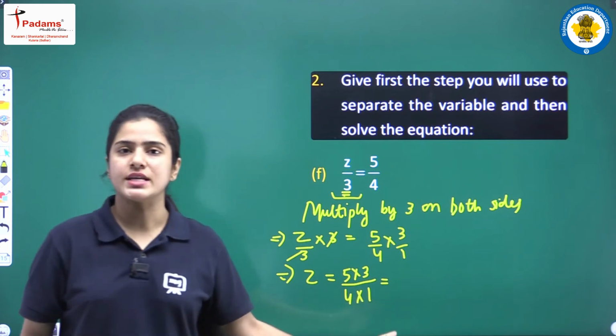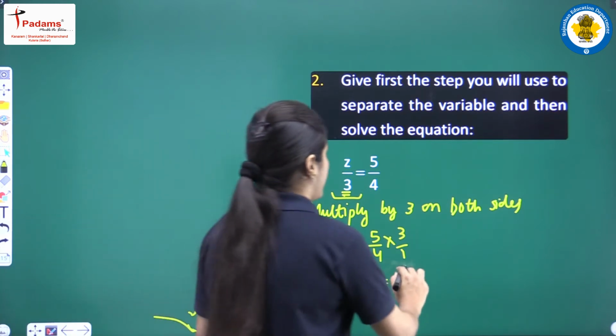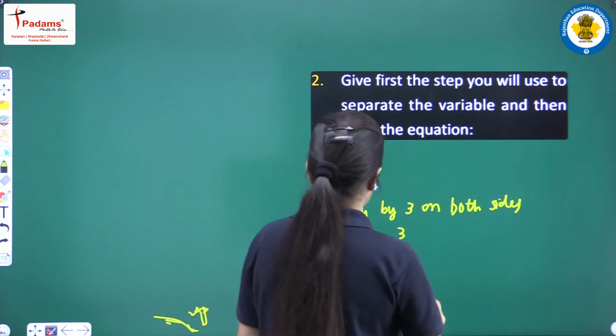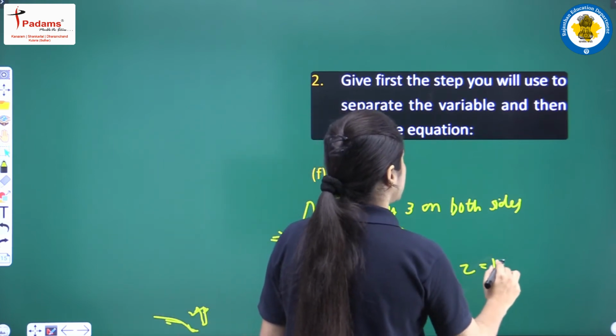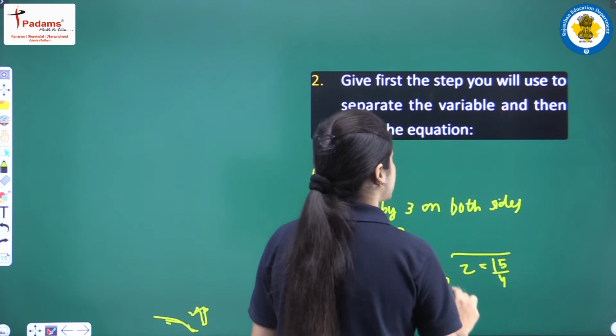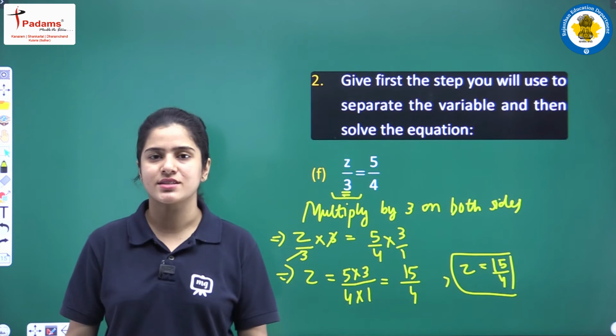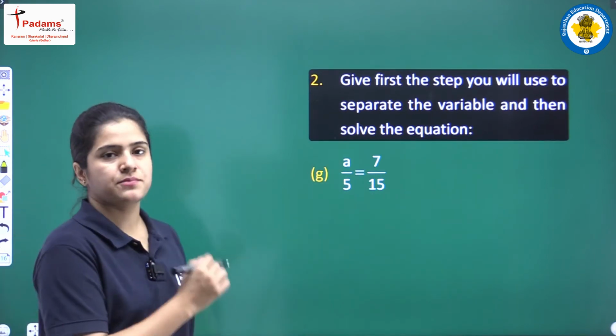So 5 into 3 is equals to 15 and 4 into 1 is equals to 4. So Z will turn out to be 15 upon 4. Alright students, so this is your answer. Looking at another question, G part.